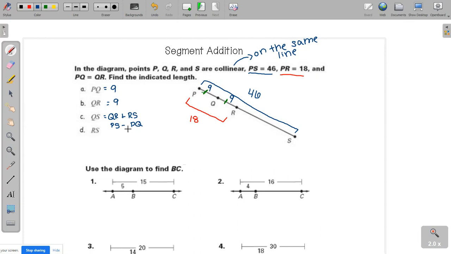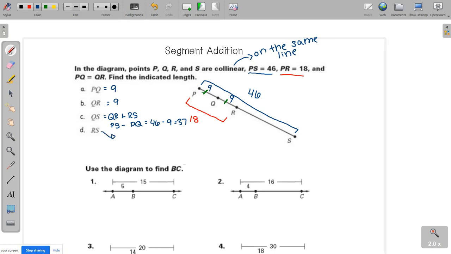So whichever ones work, we can figure this out. So it's going to be easier to look at PS minus PQ. We have the full length of PS, and we know what PQ is. So we're going to do 46, which is PS, and then the length of PQ is 9. So 46 minus 9 gives us our 37 for our length.